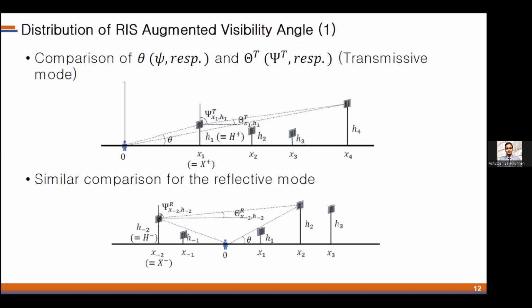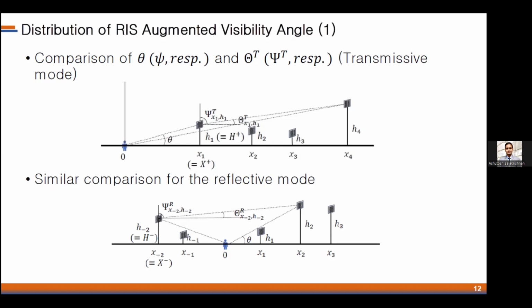So here is the system model again. As I said, the RISs are installed on the top of each building. The story here is that the ground user tries to transmit his signal to the RIS installed on the top of the blocking building, which creates the maximum blockage angle. That would be a good strategy to enhance the visibility.